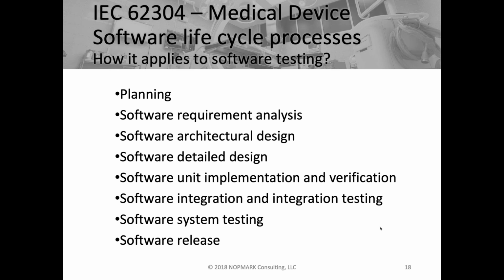This standard then also drives how much you have to do in terms of testing documentation for different levels. For all of the safety levels, you have your system testing. The formality of your unit and integration testing changes based on the safety classification.